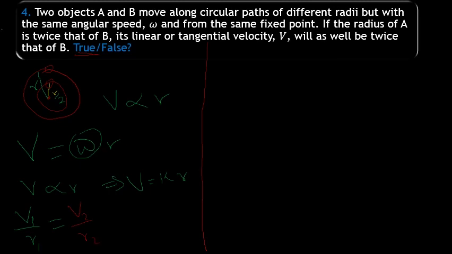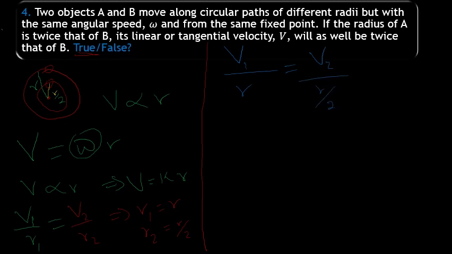Okay, now r1 is r, and r2 is r over 2. So plug that in, and then let's see what we are going to get. Here we have V1 over R1, which is R, equal to V2 over R2, in this case R over 2.